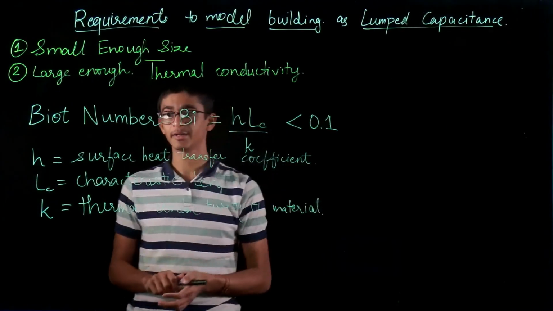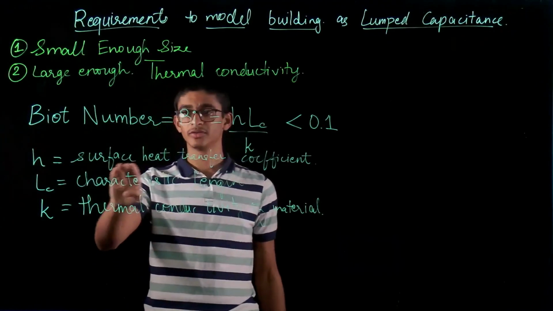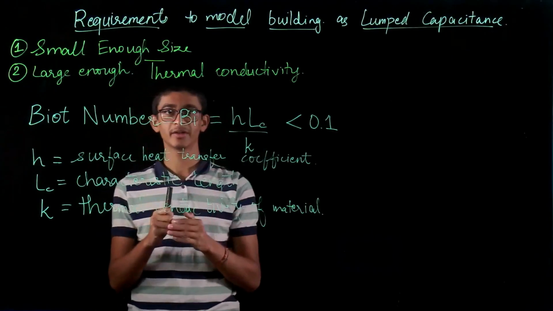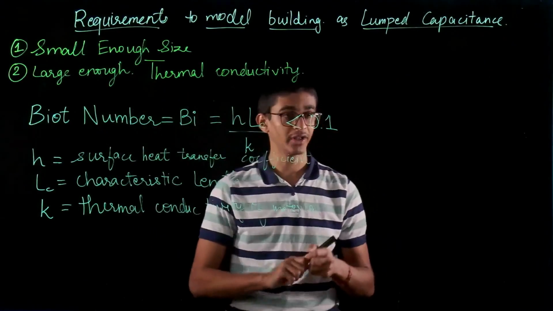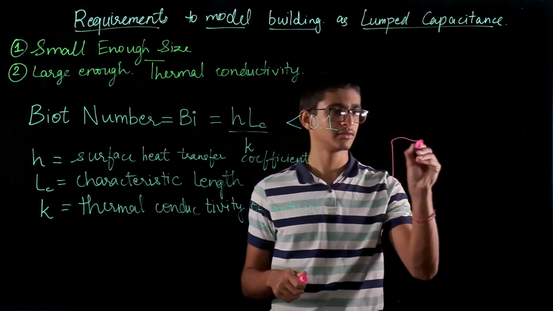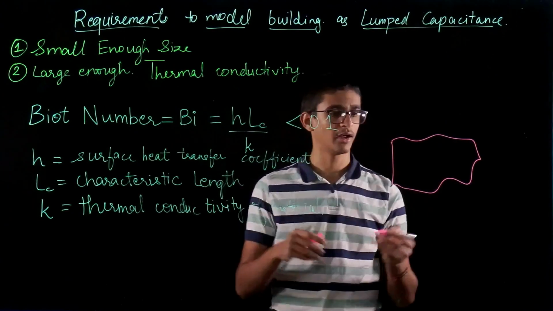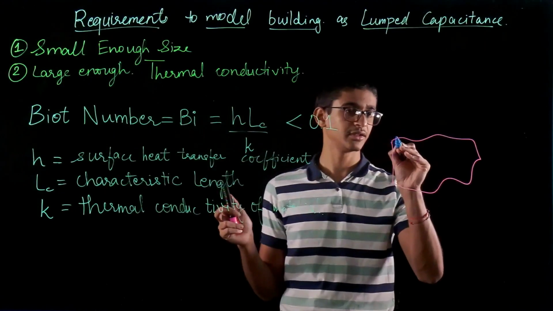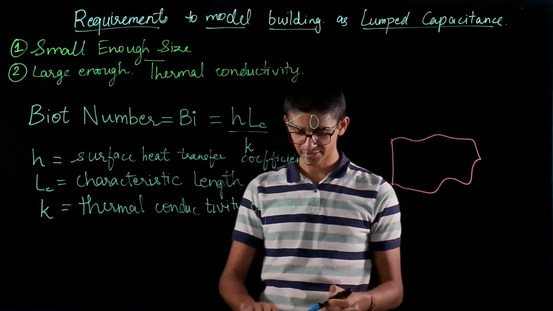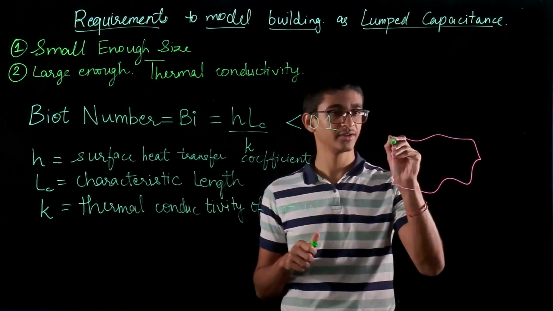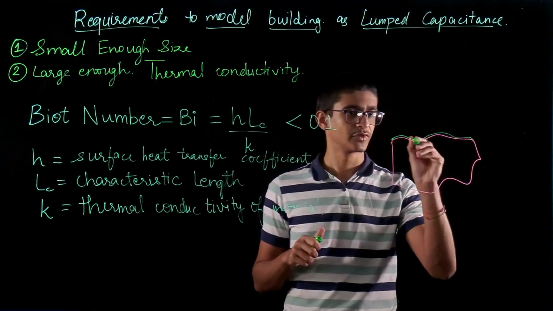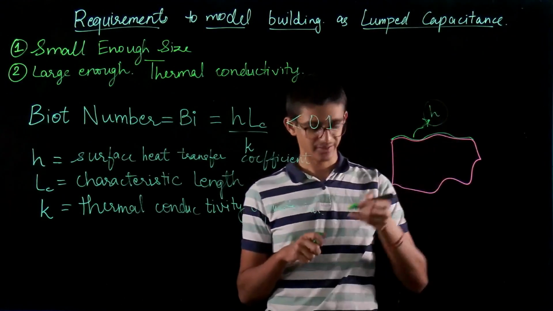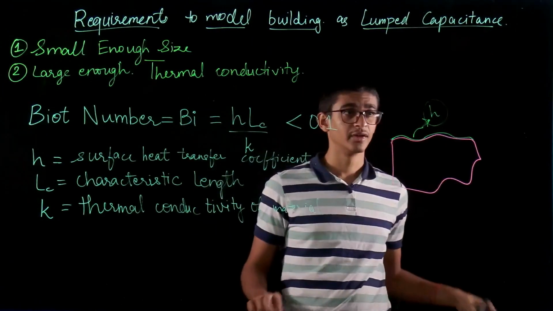How are these three interplaying? So h determines the speed through which the heat transfer can take place from the surface. So if I have a body, let's say this is my body, and h represents the heat transfer which is happening from the surface over here. Sorry about that. So this heat transfer from the surface is determined by h, right?